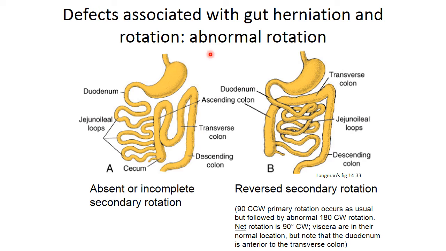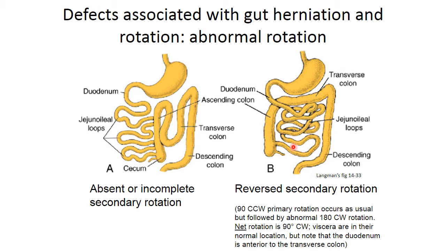Again here there is the malrotation, in which number one, you have the absent or incomplete rotation, in which the large intestine lies on the left quadrant and the small intestine on the right quadrant. Or there is the reversed rotation.